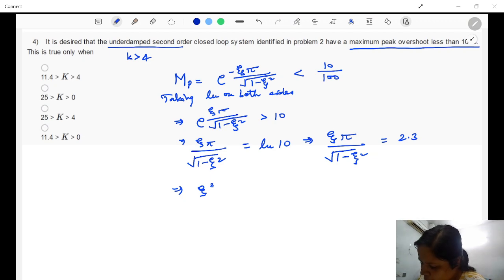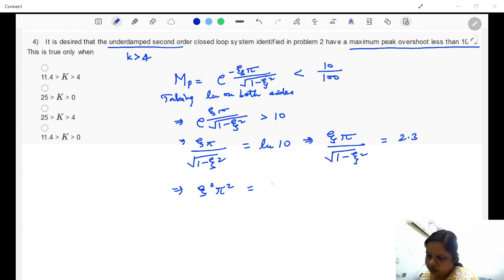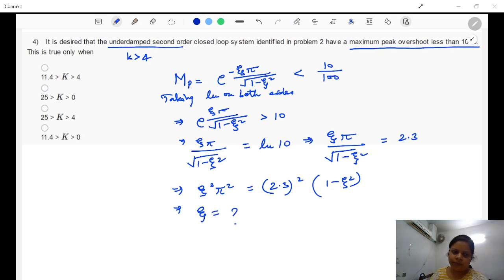you will have to square on both sides, right? So it would be zeta square pi square is greater than 2.3 square into 1 minus zeta square. Then from here you'll be able to solve. It is very easy to solve. So you can tell me the final value of zeta.